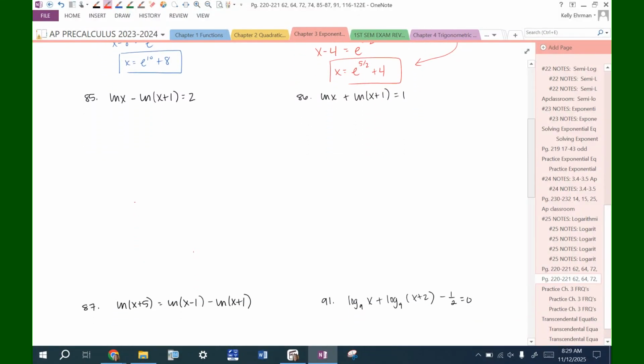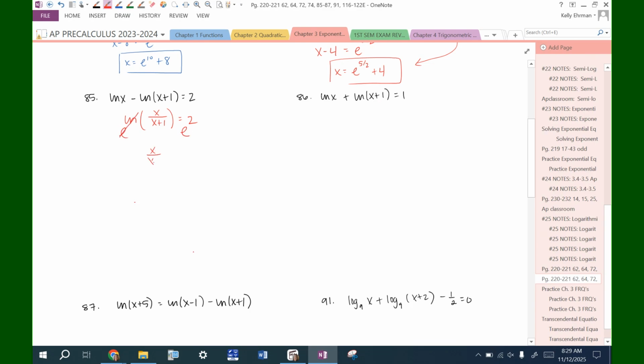For number 85, when I have 2 natural logs in an equation, I need to condense first because I can't just move a natural log to the other side if there's another number over here. So condense this. This is the natural log of x divided by x plus 1 because we had subtraction of natural logs here. Now that I've got the natural log isolated, I can base e both sides.